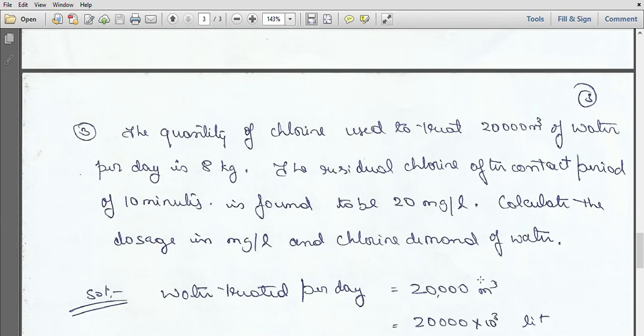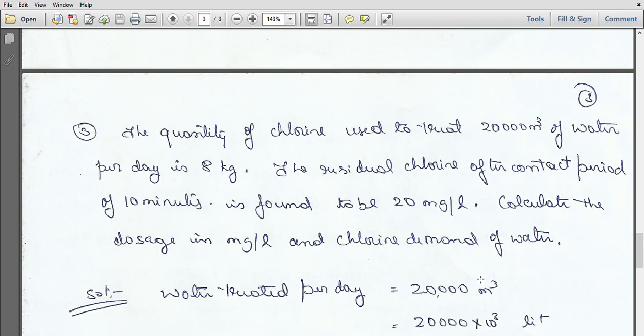This is another variety of problem. The quantity of chlorine used to treat 20,000 meter cube of water per day is 8 kg. Now chlorine they are given.